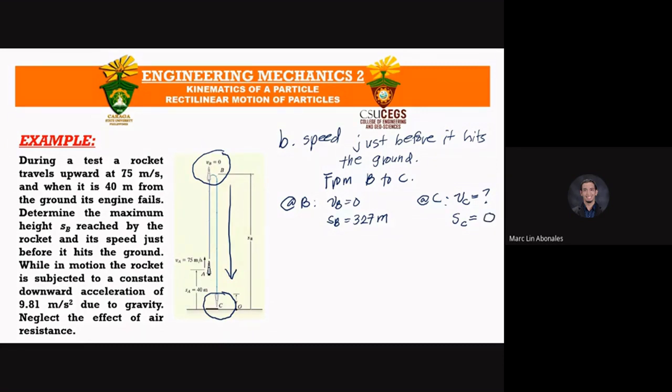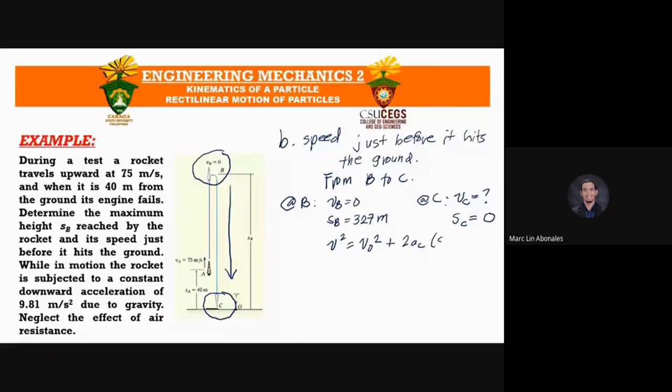And the equation we will use to determine the speed just before it hits the ground, or the velocity at point C, is the same as earlier. It is the velocity as a function of position, which is v squared is equal to v0 squared plus 2a(s minus s0).